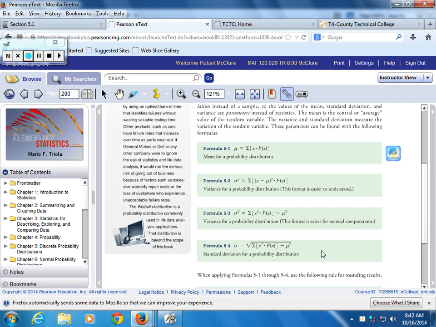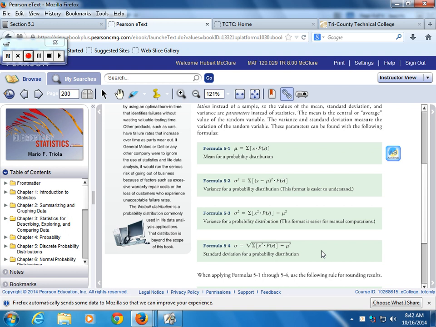Now, of course, 5.3 and 5.4 are the same, correct? What's the only difference? One is the variance and the other is standard deviation. And what's that relationship? Square root.